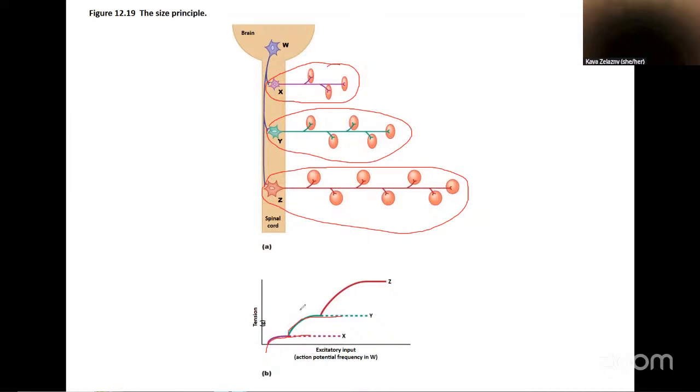Just like in our summation graphs, this is an additive effect. We're getting a little more of a boost from Y stacked on top of the tension we produce with X. Same thing happens when we get to Z. It takes more time because it takes even more to depolarize. But once we do, we see a big jump in how much tension we're producing. And that's how we get to our maximum contraction from this larger whole muscle with multiple motor units in it.